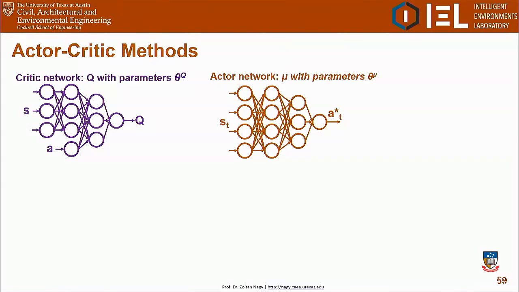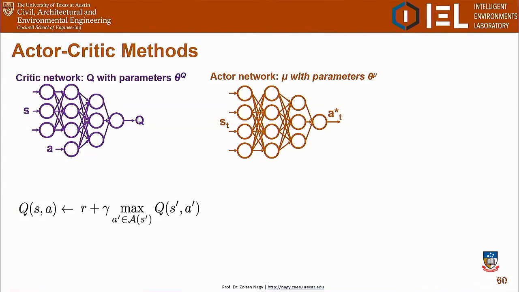We have the critic network, which is the same one that I showed earlier. It just maps the state and actions to the Q values. And then we have the actor network, which takes the state we are in and returns the optimal action. So the actor network is actually the policy that we are trying to estimate.